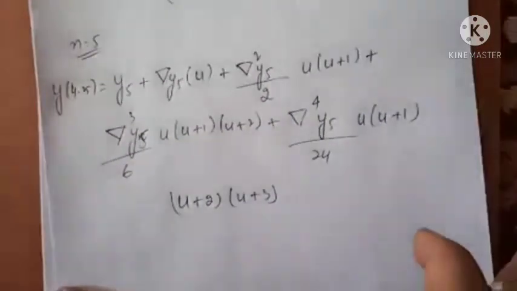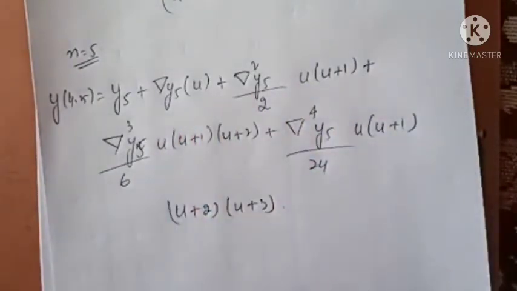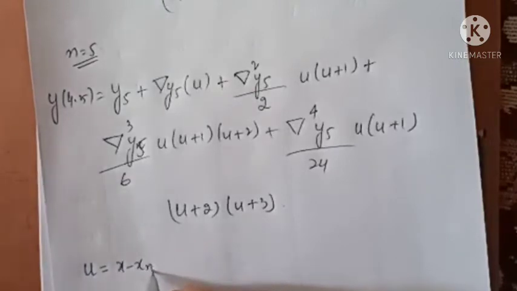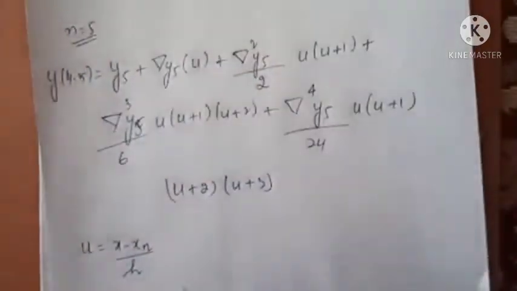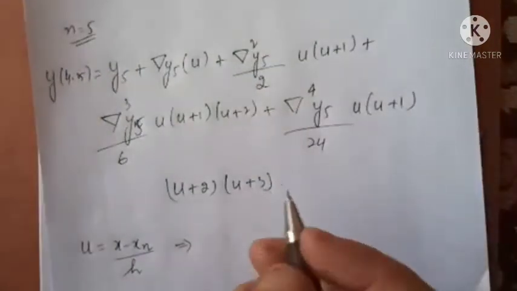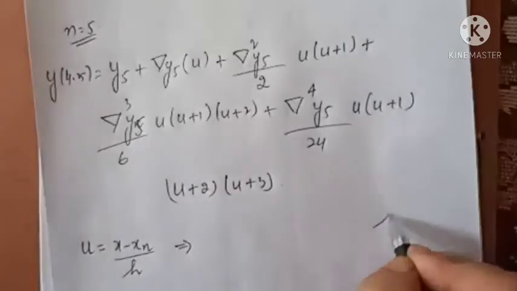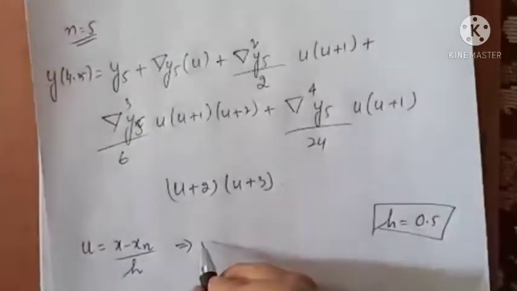But before substitution, we should know what u is equal to. What is the value of this u? We know that u is x minus x of n divided by h in case of Newton's backward difference interpolation formula. Our data points are equal sized, so h is 0.5, the difference between them is 0.5. x is given.